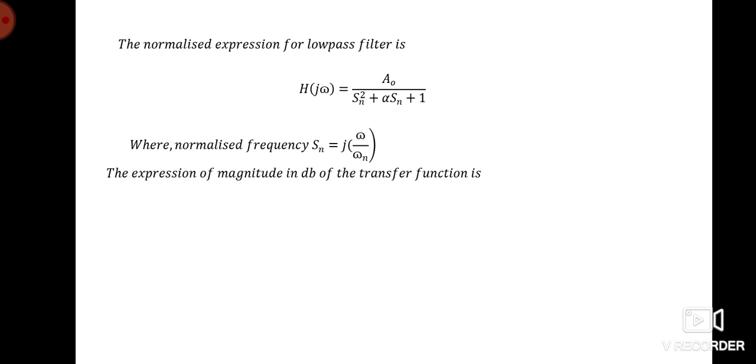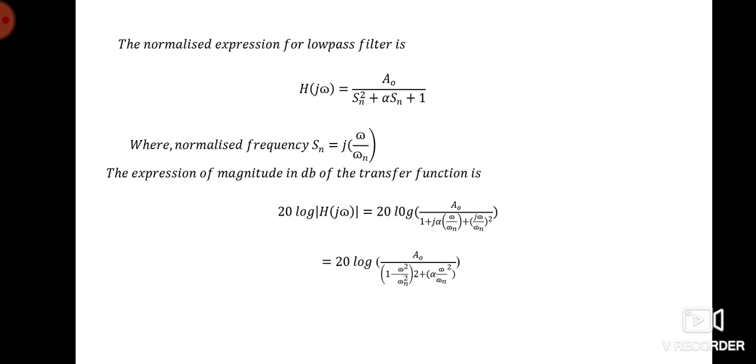The expression for the magnitude in dB of the transfer function is 20 log modulus of H(j omega) equal to 20 log of A naught divided by 1 plus j alpha omega by omega n plus (j omega by omega n) square.